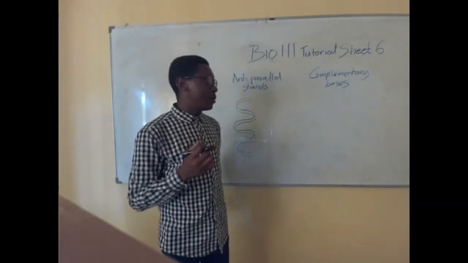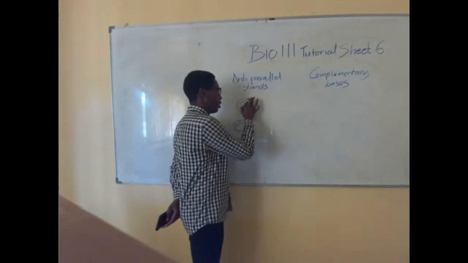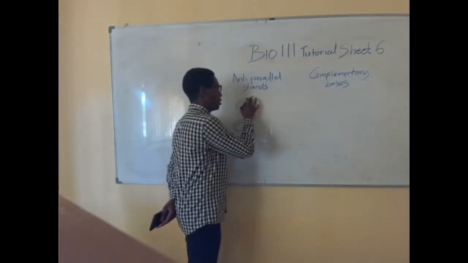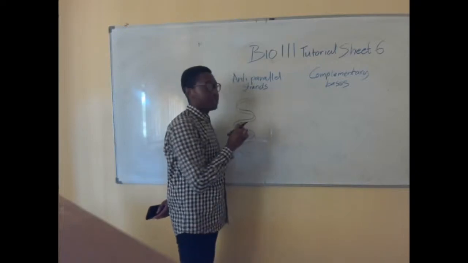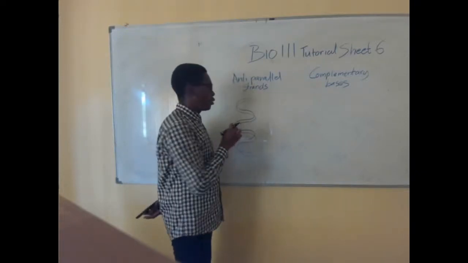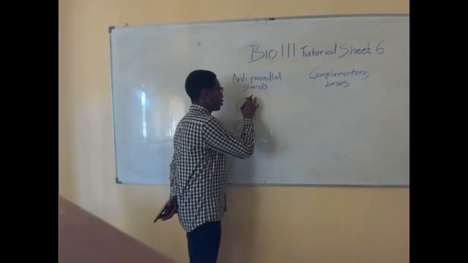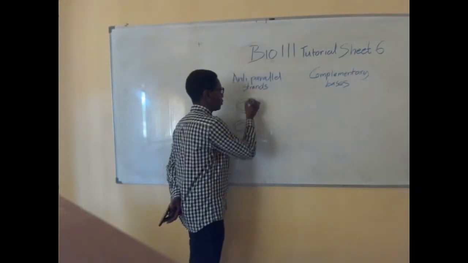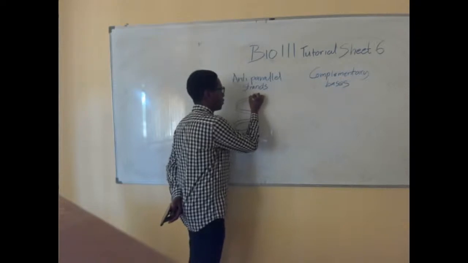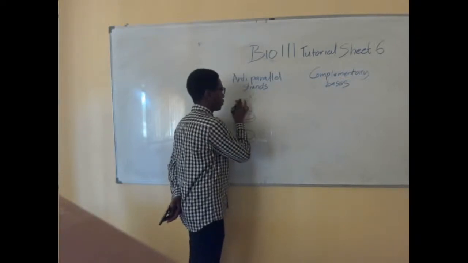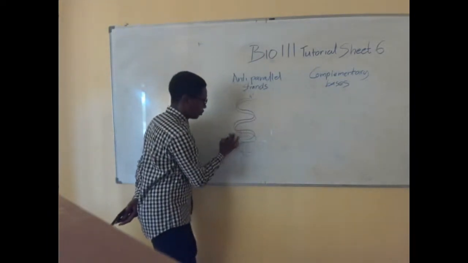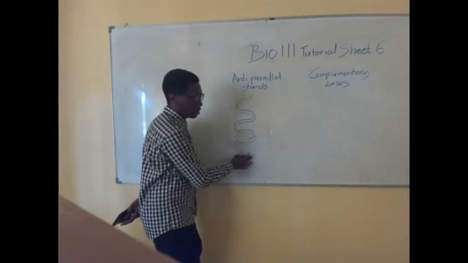So let's say the last nucleotide of this strand is ending with a phosphate group. If this strand is ending with a phosphate group, this side of the strand will be referred to as the 5' end, which makes the other end the 3' end.